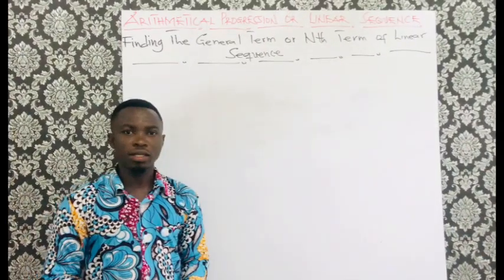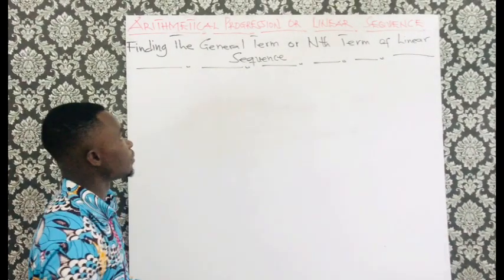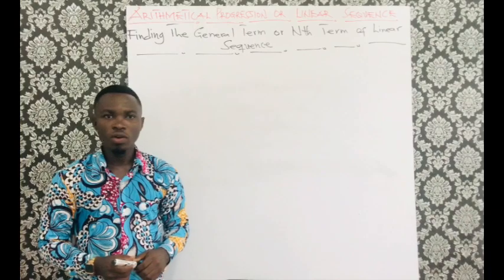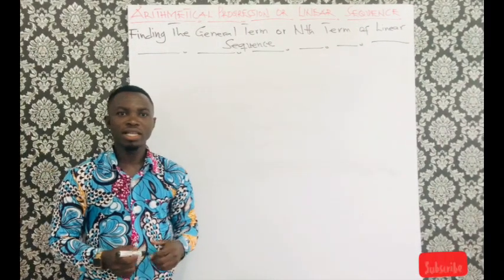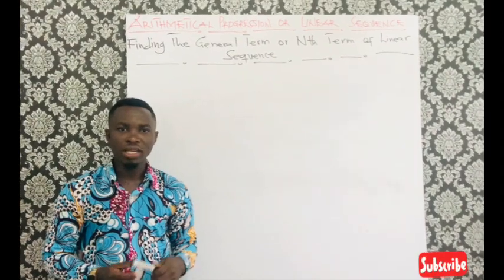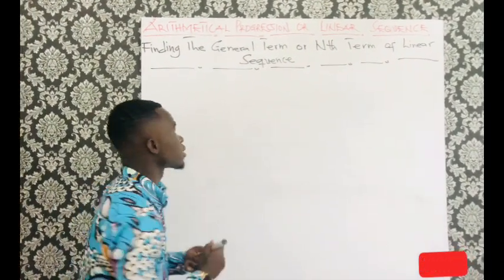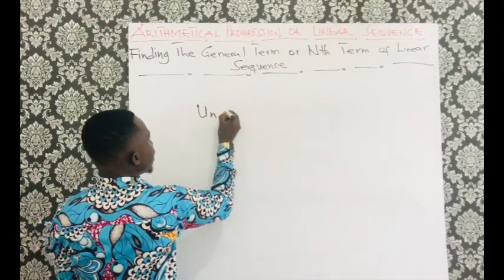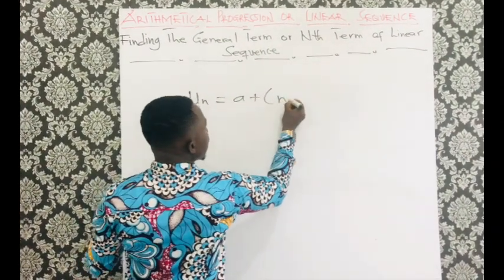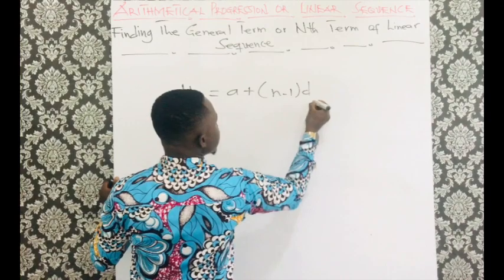Now let's look at how to find the general term or nth term of a linear sequence. The general term or the nth term of a linear sequence is found by using the general formula of a linear sequence, which is un equal to a plus bracket open n minus 1 bracket close d.